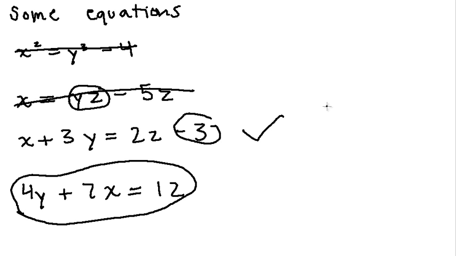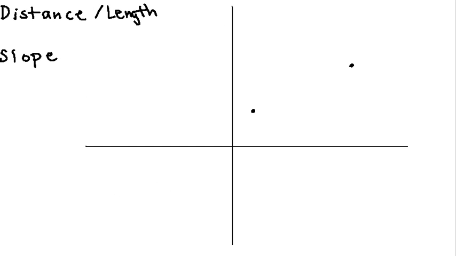Lines and line segments have certain properties which are often useful to think about. These are distance or length and slope. So if we have 2 points and we want to find the length of the line segment between them, we might consider the distance between the 2 points. In addition, another property we might be interested in is how quickly the line segment rises as we move along it in the x direction.